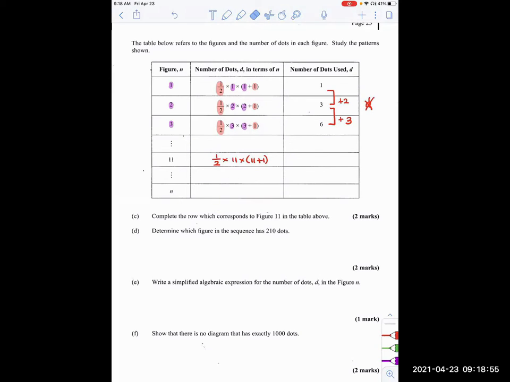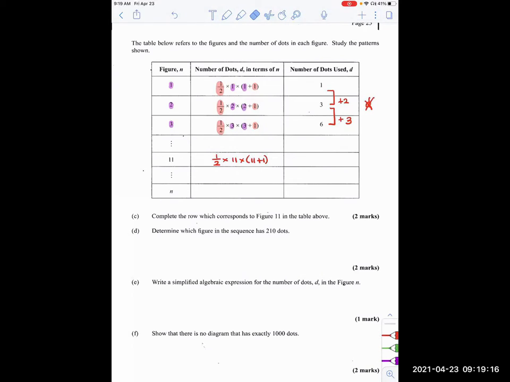Now, let us go to the formula for the number of blocks. So, a half multiplied by 1 multiplied by 1 plus 1.